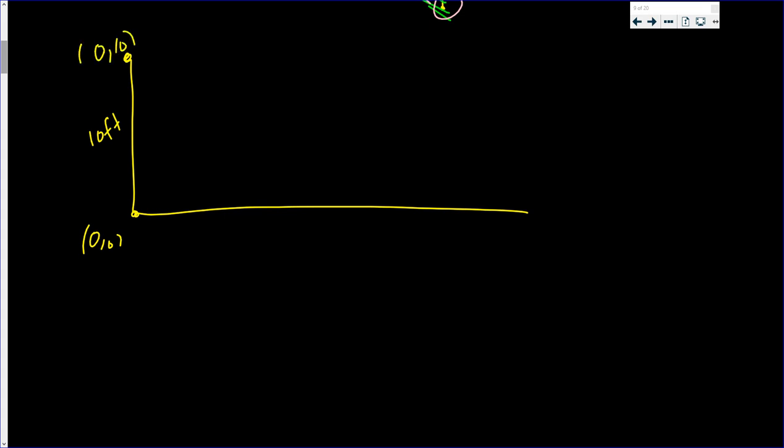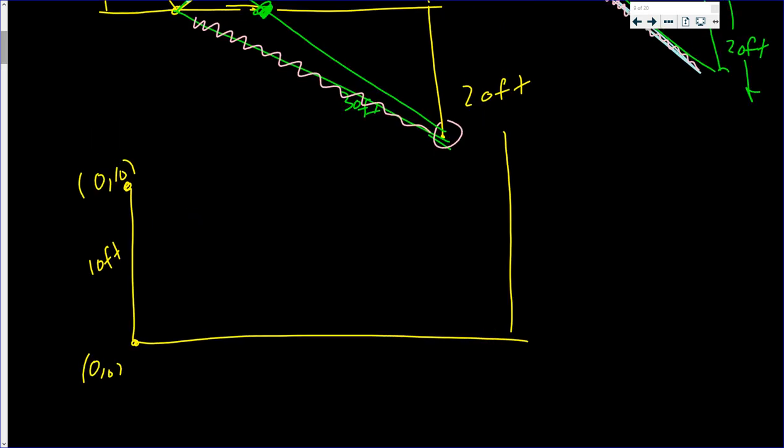Let us call this point right there the origin. So this point being 10 feet high, this point is at (0, 10). This point here is 20 feet high. And I guess I needed to give you one other piece. The distance between the two poles is 50. Sorry that I didn't give you that. Okay.